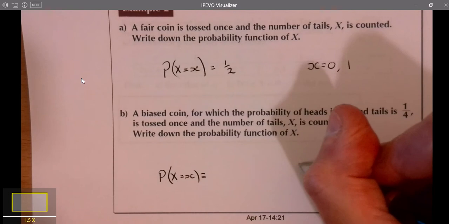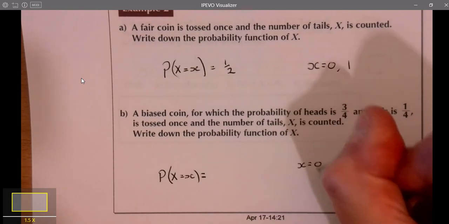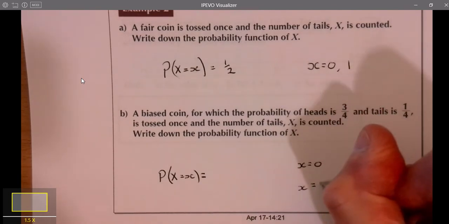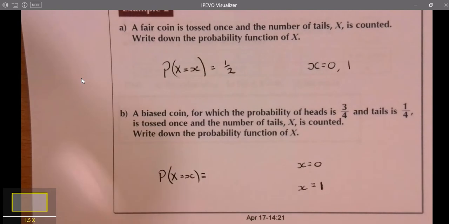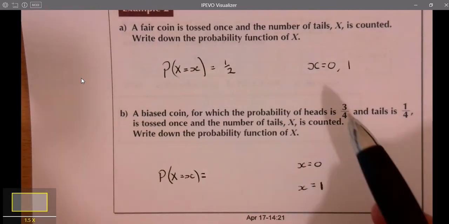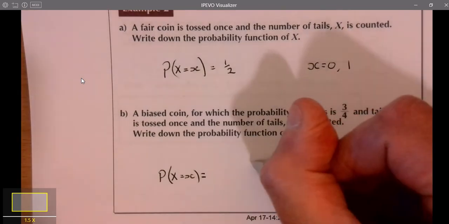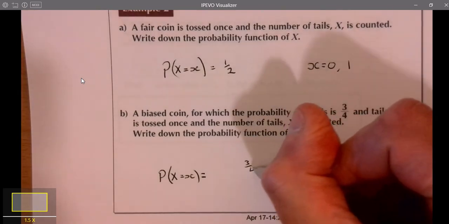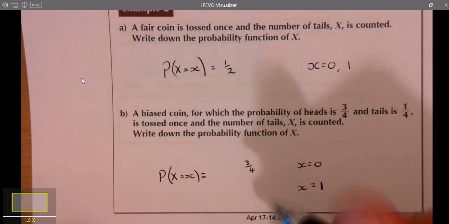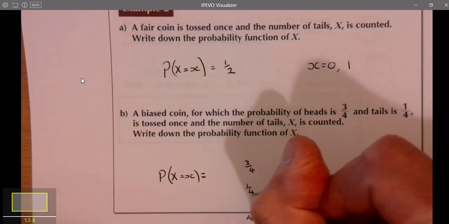So x could equal 0 or x could equal 1. What's the chance of getting no tails? Well, that would mean it landed on heads, so that would be 3/4. And what's the chance of getting 1 tail? Well, that would be 1/4.